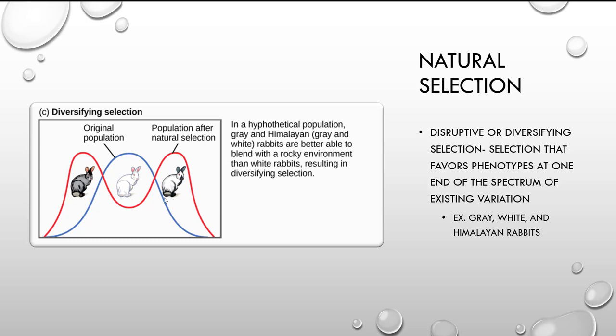Okay, so we see over time that the population of the Himalayan morphs increases, the population of the gray coloration increases, and we see a dip in the white color rabbits. That morph decreases. So you see this weird curve shape form. So the intermediate value is declined.